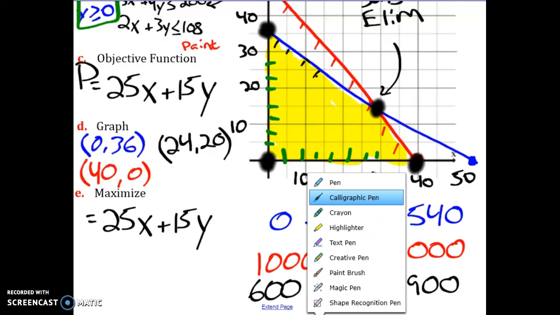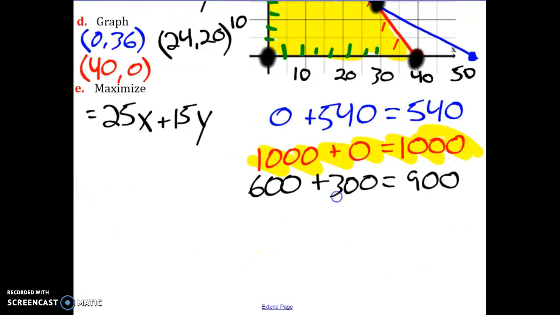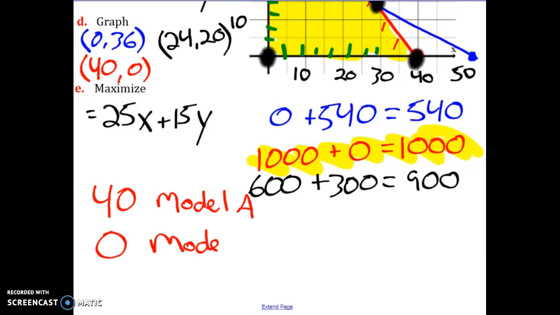So clearly, the one that maximizes our profit is the red ink option. So to maximize our profit, we need to produce 40 Model A bikes and 0 Model B bikes.